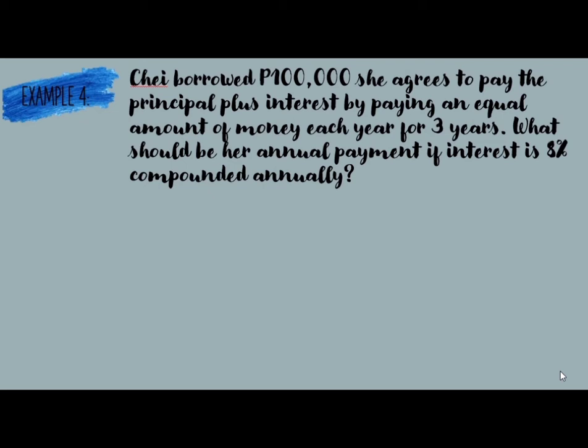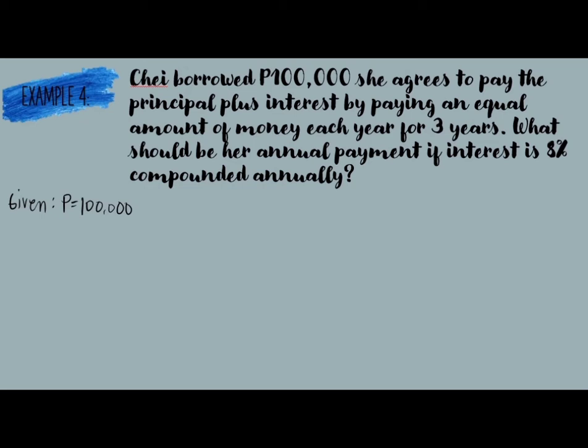So, dito, ang nawawala is yung regular payment niya. Magkano daw yung babayaran niya kada taon, di ba? So, ang hiniram niya kasing pera is 100,000. So, meaning, yung present value is 100,000. So, alamin muna natin yung mga given. So, yung present value, yung hiniram niyang pera is 100,000.